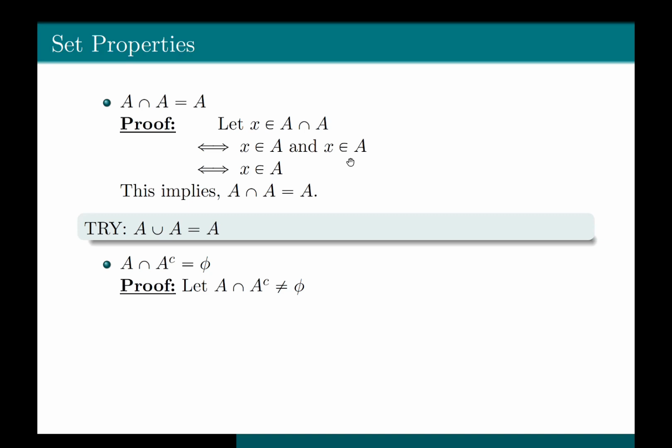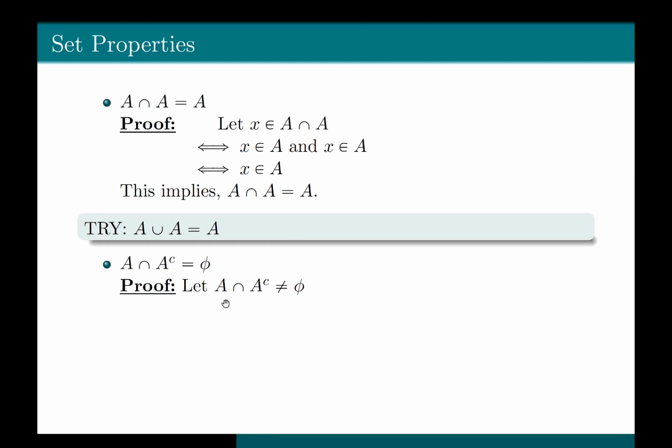Again, we are doing it because we are trying to prove this property by contradiction. So we start by claiming that A intersection A complement is not empty. Let's say that it is not true.